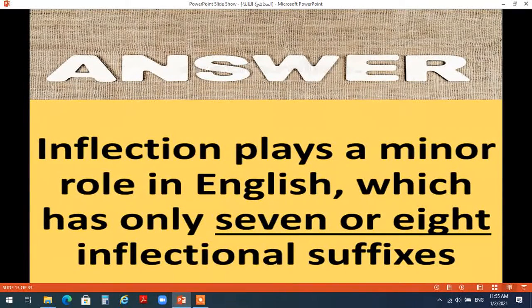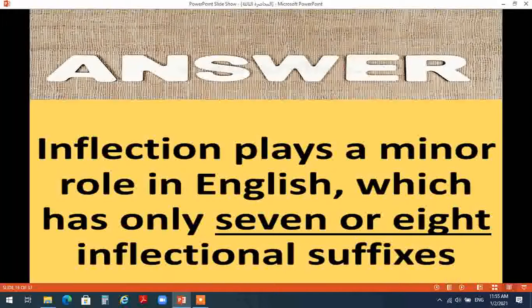So, since we said that there are only 7 or 8 inflectional suffixes, we have to know what are these inflectional suffixes. لازم أعرف شنو هي هاي السبع أو 8 لواحق أضيفها إلى الكلمة وتؤدي لي وظيفة قواعدية معينة.